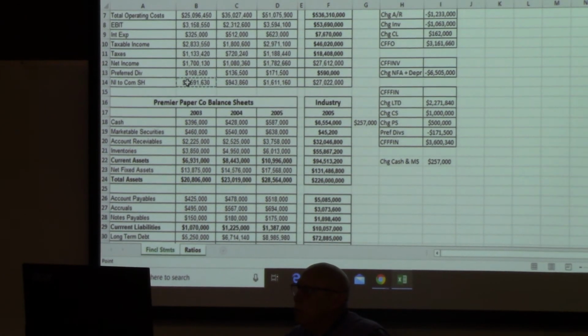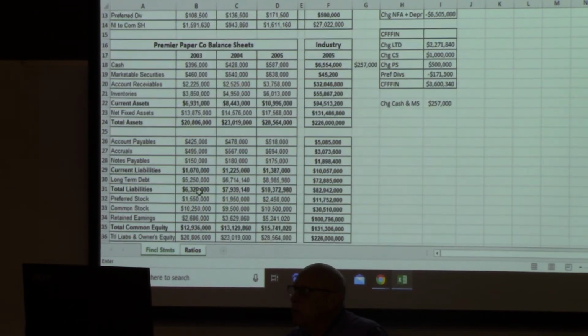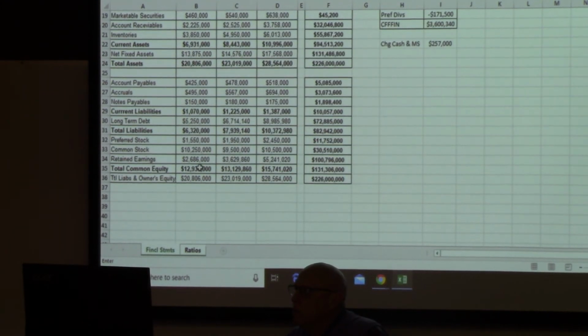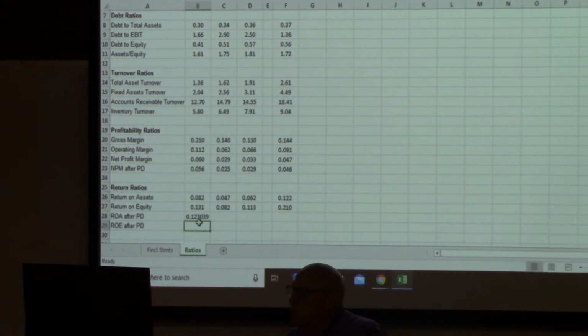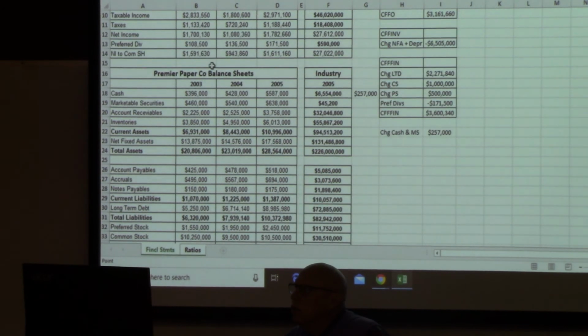net income available to common shareholders divided by assets, and that's equal to net income available to common shareholders divided by assets.